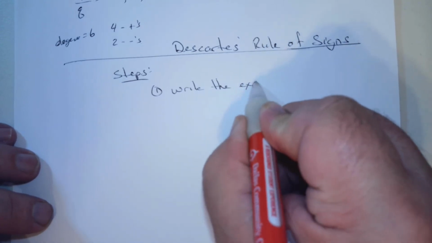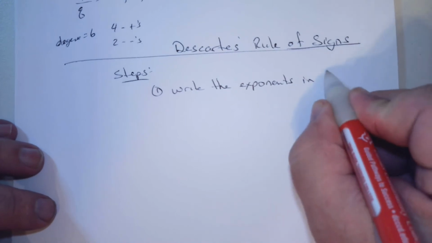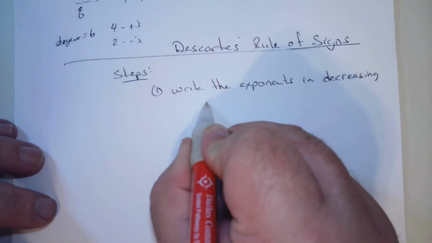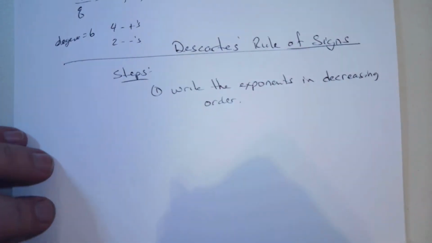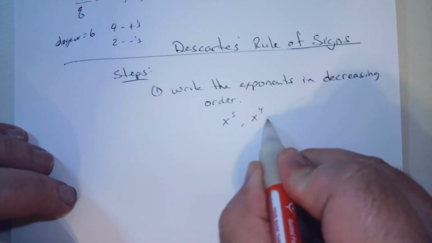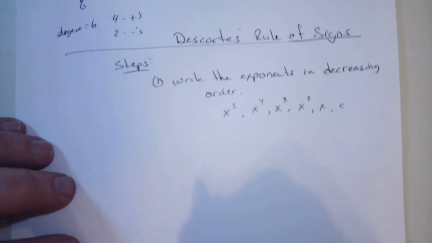Write the exponents in decreasing order: x to the 5th, x to the 4th, x to the 3rd, x squared, then x, then a constant.